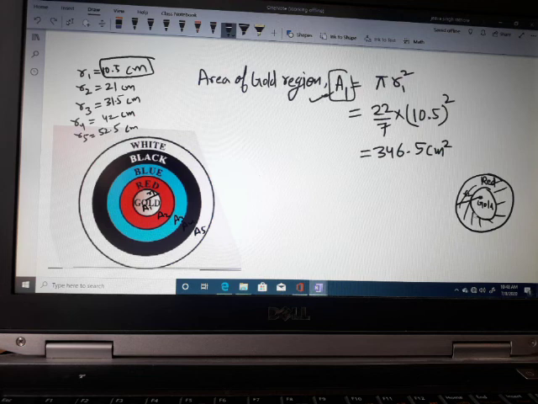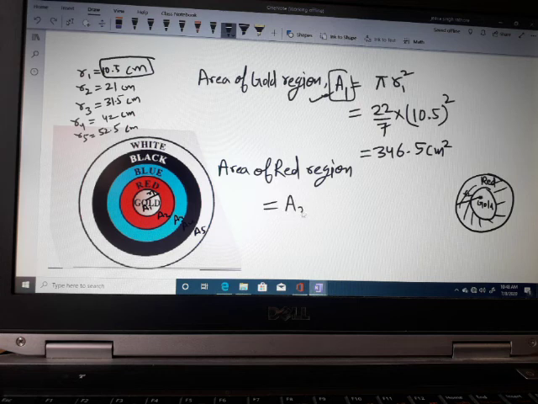So you will get the area of this red region. Area of red region is A2. A2 is equal to the area of this region, pi R2 square, where the radius is R2, minus the area of the first region.